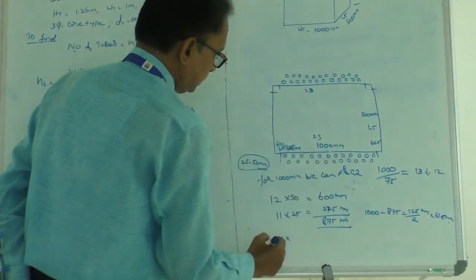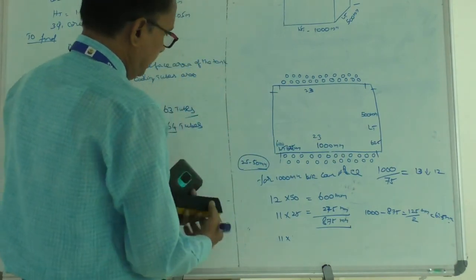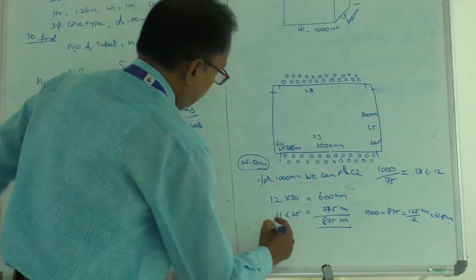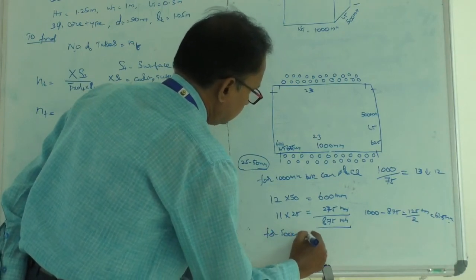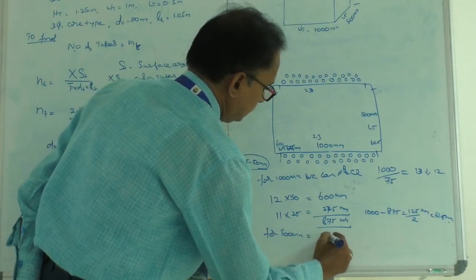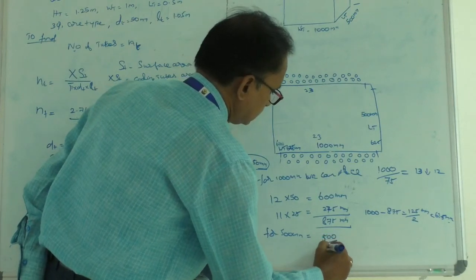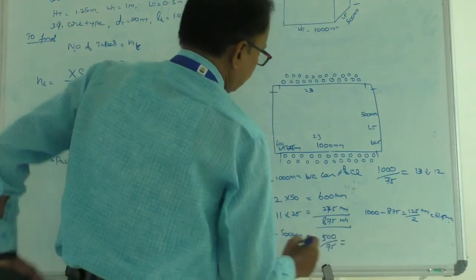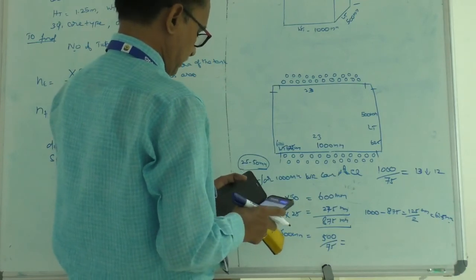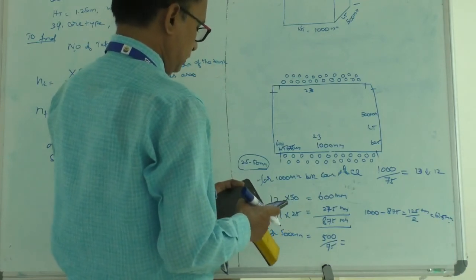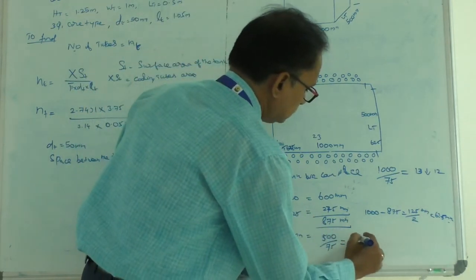Now here also you can calculate for 500 mm. 500 divided by 75, you get 6.6.